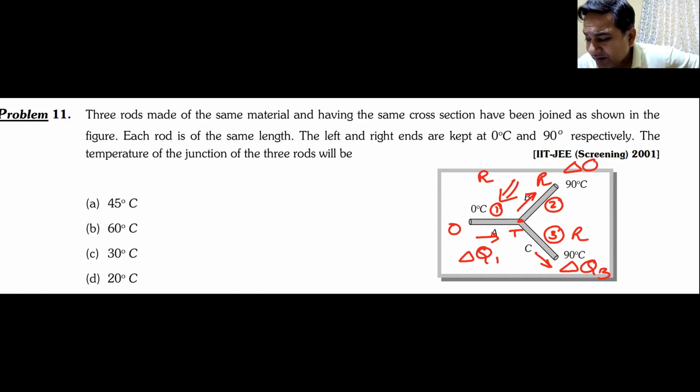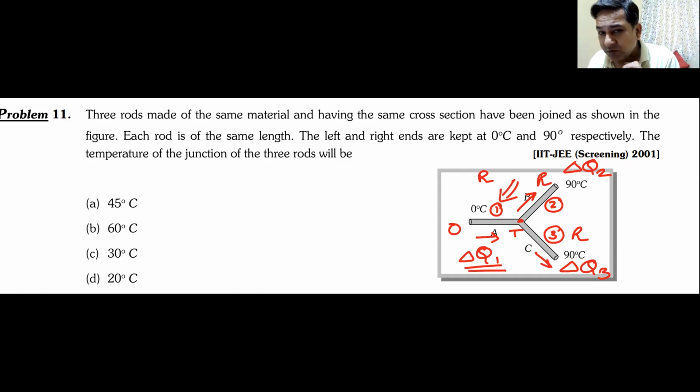Does it remind you of anything? Sum of incoming is equal to sum of outgoing. Kirchhoff's law, the junction law. Are we applying the same junction law here? Yes, sir, so things are the same. Now, how much is the value of this delta Q1?